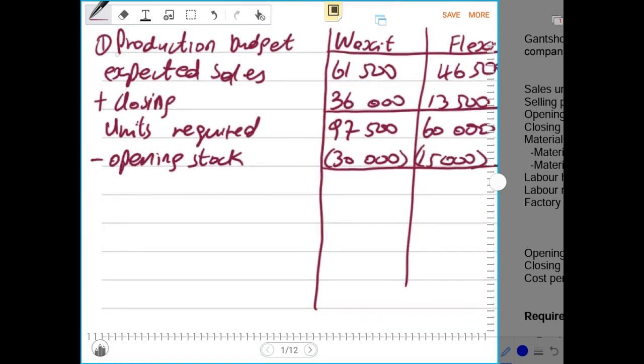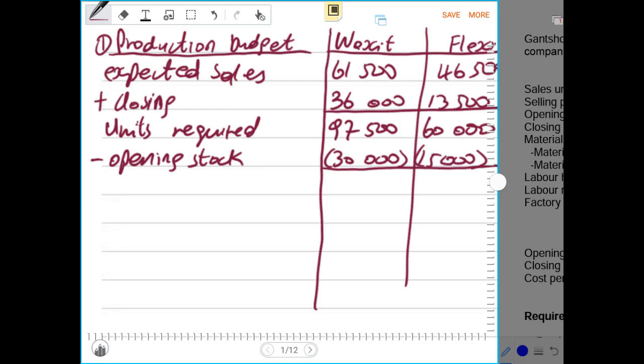Remember, we are doing a production budget where we want to know how many units must be produced in the current accounting period, because opening stock was already produced in the previous accounting period, as I've been highlighting for the third time now.